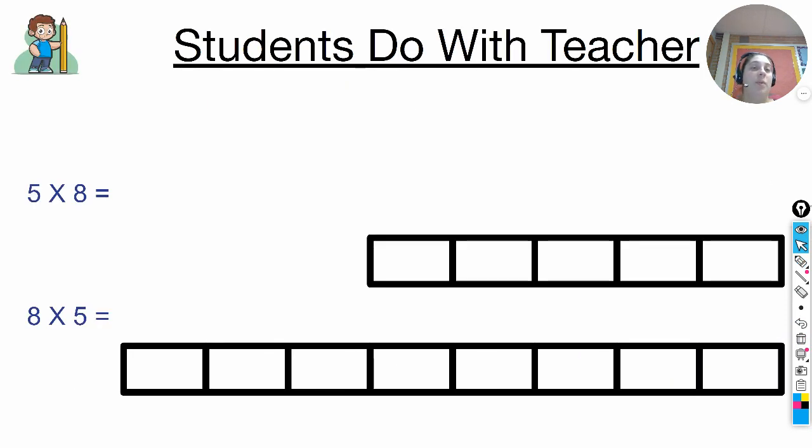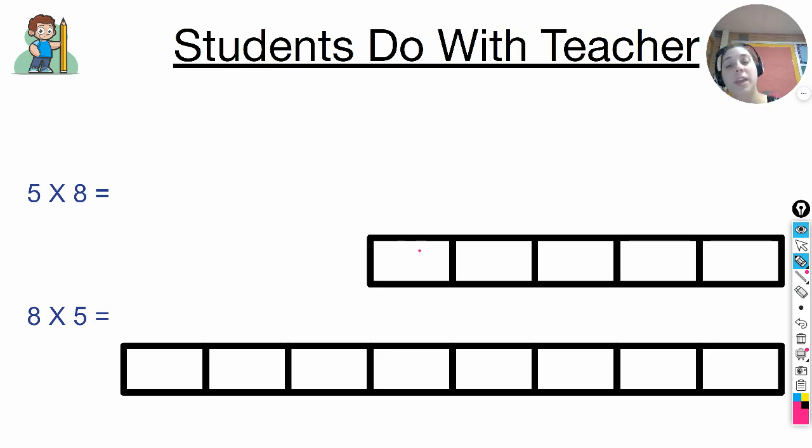Okay, so now is where I want you to get out your whiteboard, and I want you to do this one with me. We have 5 times 8, and then we switched it, and we have 8 times 5. Now we know that they should equal the same thing. Okay, so on this first one, we have 5 groups of 8. So we're going to have to skip count by 8s.